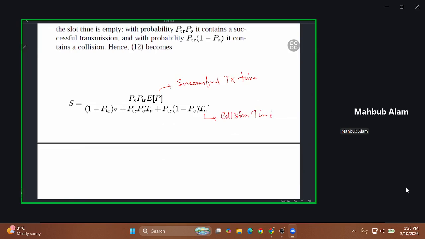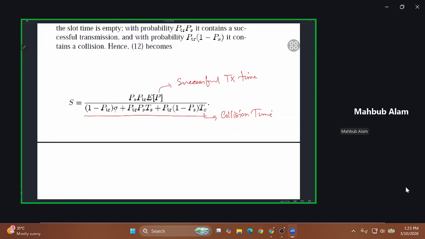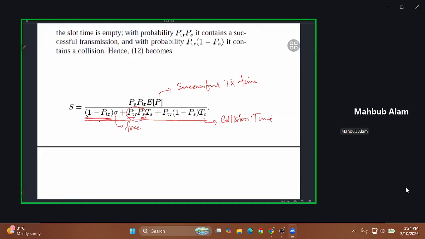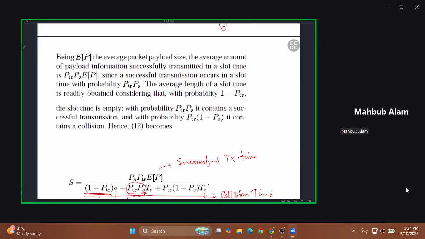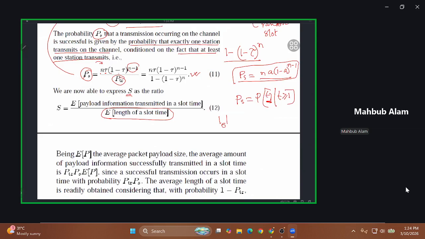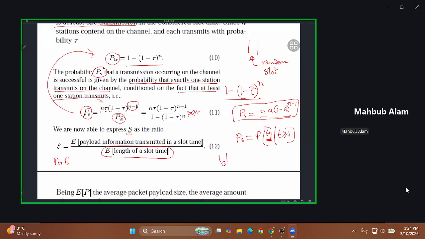So what is the expected time of a slot? This is the free slot. A free slot occurs with a probability 1 minus PTR. That means no station transmits. A successful transmission occurs with a probability PTR times PS. That means there is a transmission and there is a success. When we multiply PTR and PS, this quantity and this quantity cancel out each other.